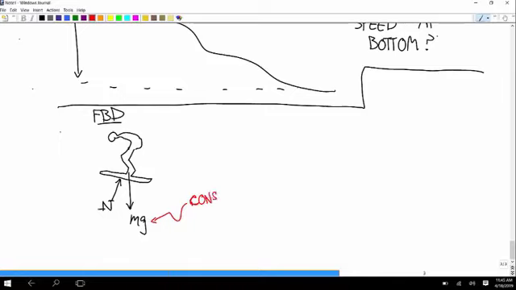That means we have a potential energy function for it. The normal force is non-conservative, but since this is a sliding problem, it does no work.